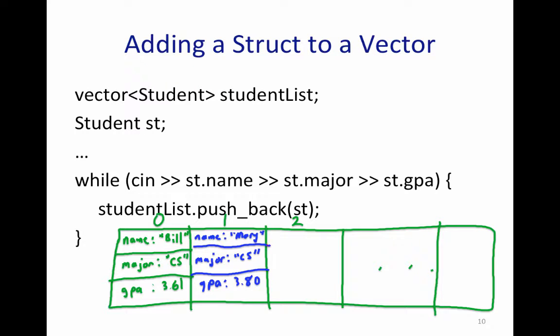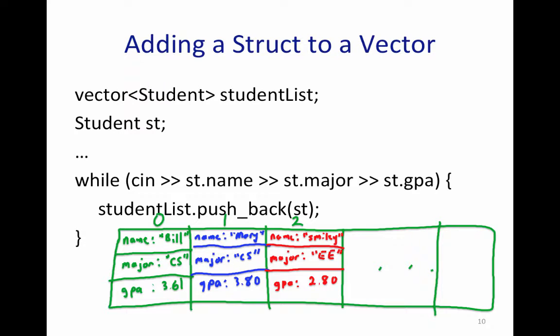Maybe another one. Name, Smiley. Yes, my dog made it in. Major, we'll make her a double E major. And GPA, well, she is a dog after all, so she gives it a good effort, but not quite as good.